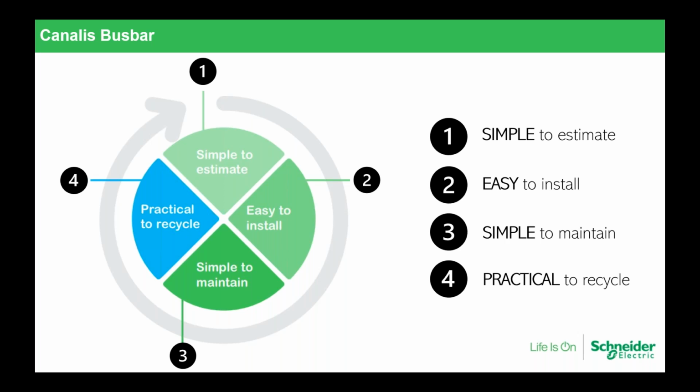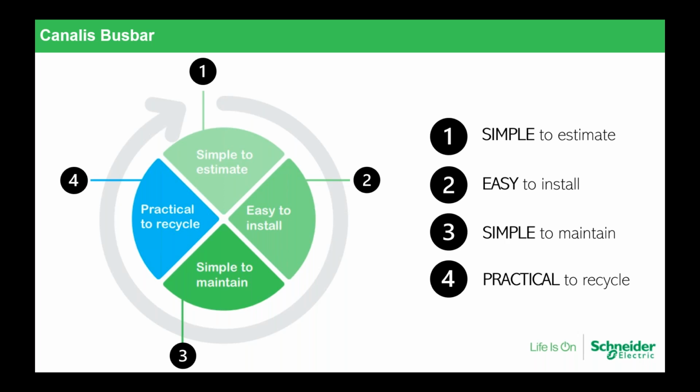Moreover, Canalis flexibility means you can invest in existing needs without adversely affecting future expansion. Why am I saying this? For instance, you have a project where you need a 1000 amps Canalis bus bar, the needs in the building are 800 amps, but you use this 1000 amps bus bar. In the near future you have requests to install new EV chargers, because we know this is coming and booming.